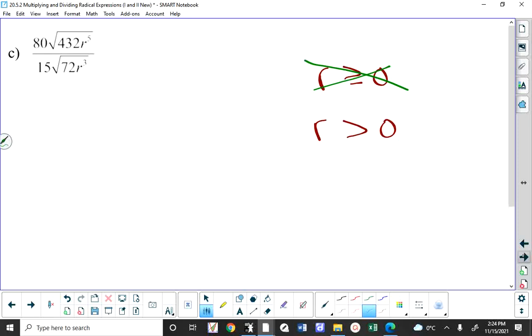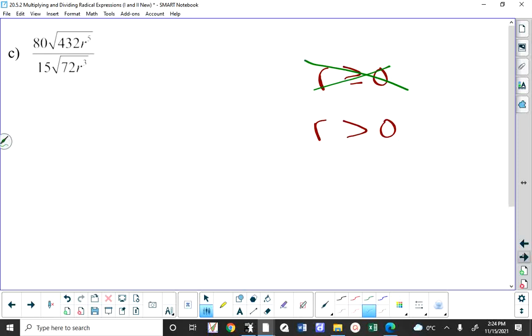Isn't that because if r would be 0, then your answer would just be 0 and it wouldn't be a value for what's actually there? No. If r were 0, the expression would not actually be equal to 0. It would be equal to something else, Brody. Oh, you can't divide by 0.